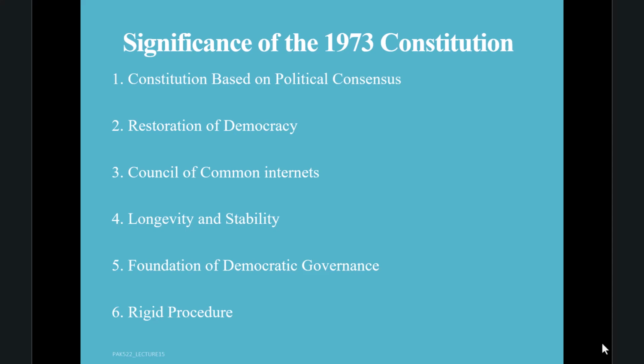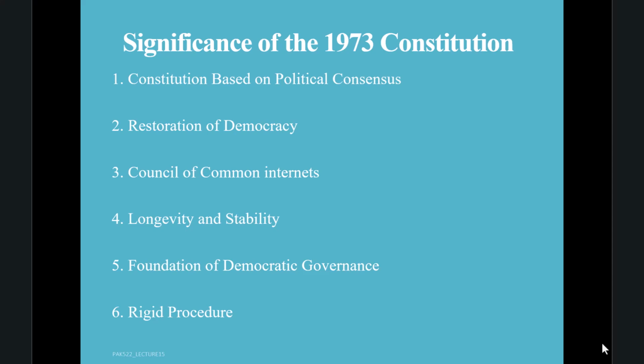Council of Common Interest. Through institutions such as the Senate and the Council of Common Interest, the Constitution ensured that all provinces participate in national decision making. This helped to maintain political balance within the Federation. Longevity and stability.